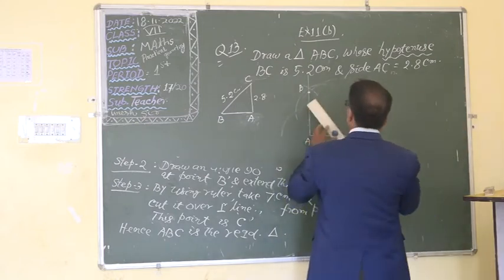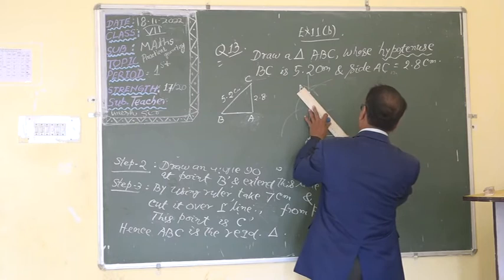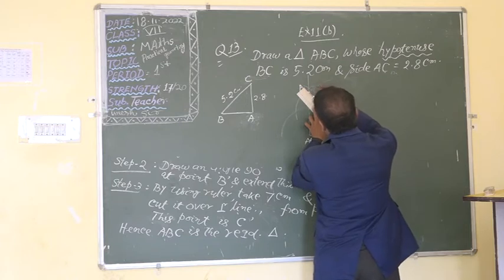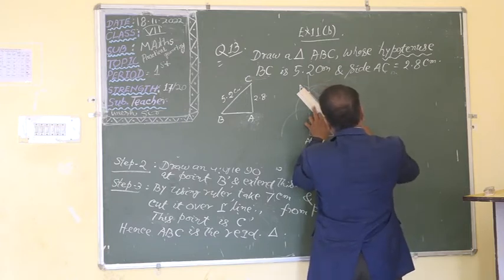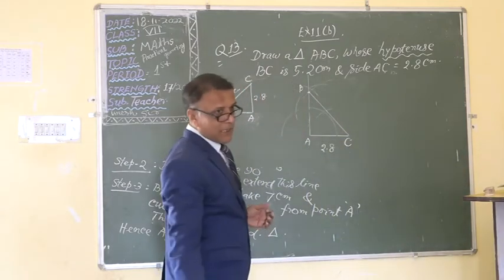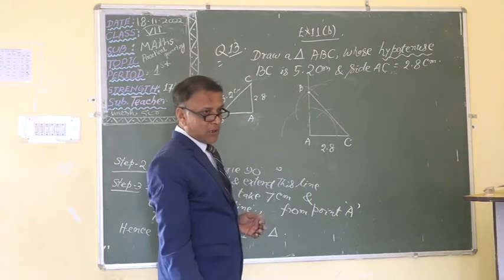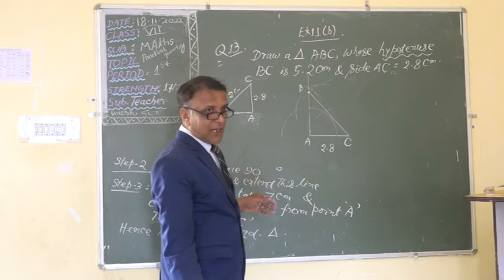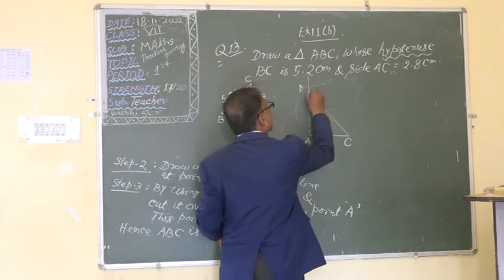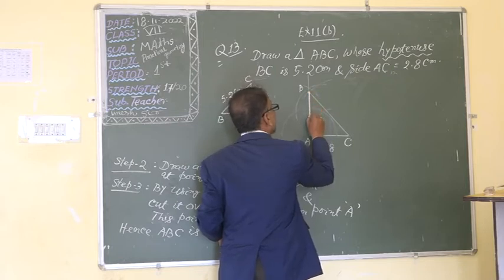So now join this B and C. Join B and C. After construction of the triangle, you make dark all these required lines.